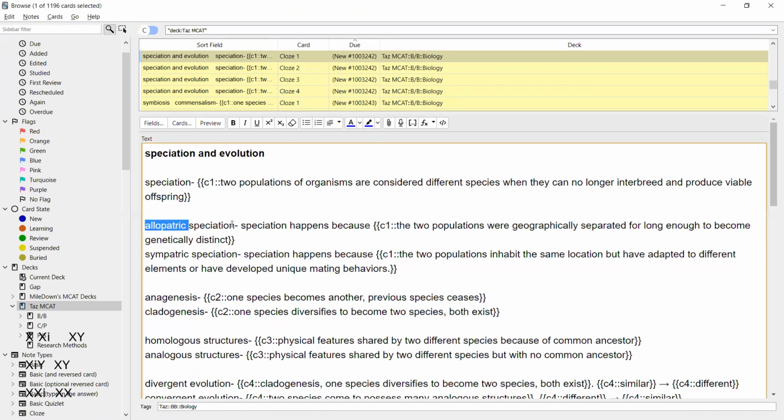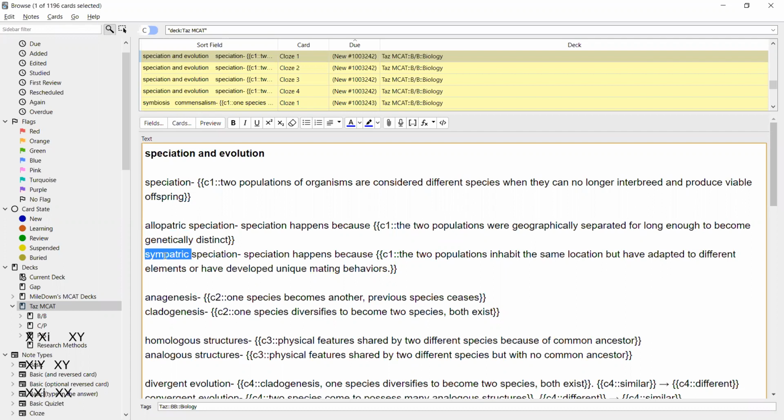Allopatric speciation is because the two populations were geographically separated and became genetically distinct. This could be like with founder effect, but it's more like they were together, but then they got split up for so long that by the time they reinteract, they are no longer able to mate with each other.